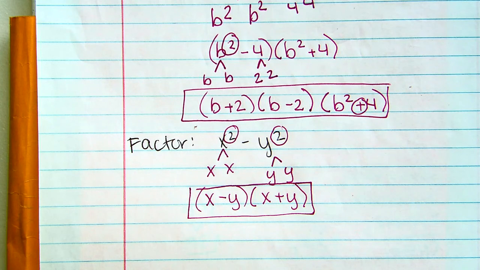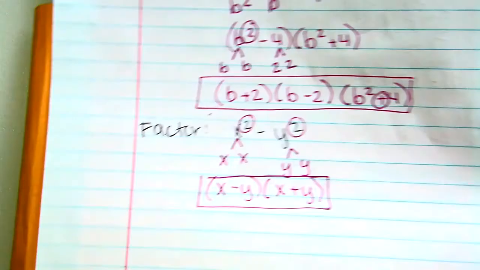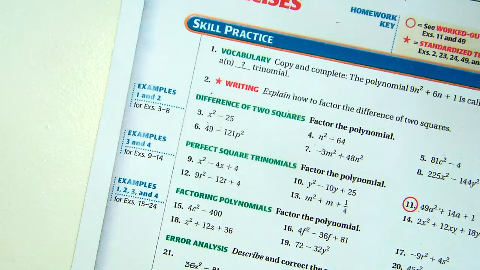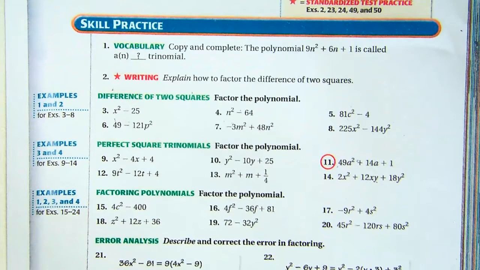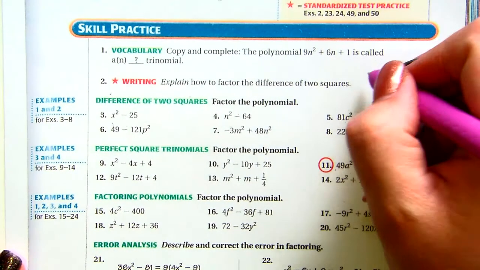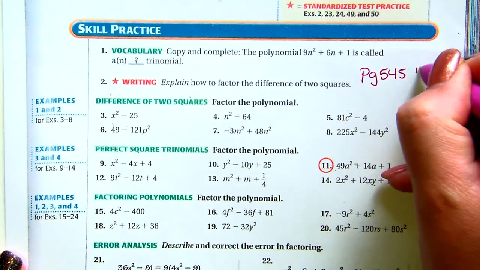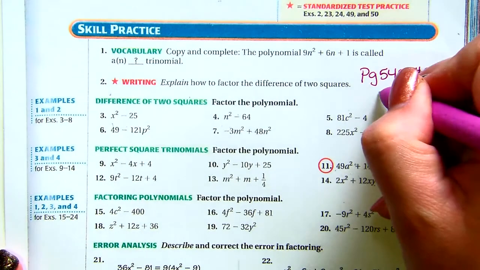So, taking a look at this, our assignment is right here. Okay. So, for this is, again, page 545, numbers 2 through 8 all, and 15 to 23 odd.